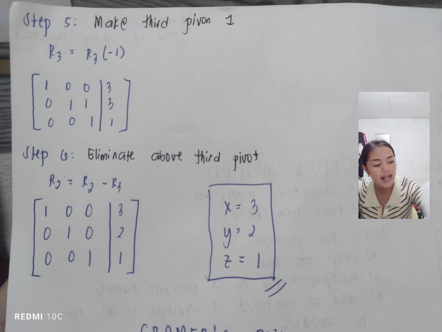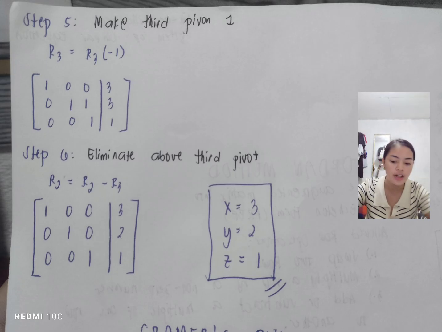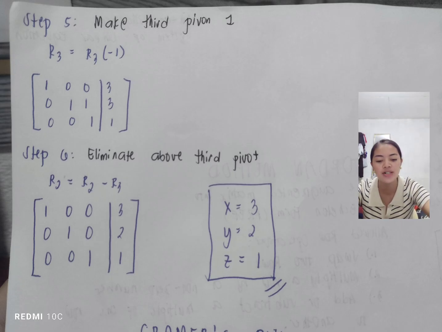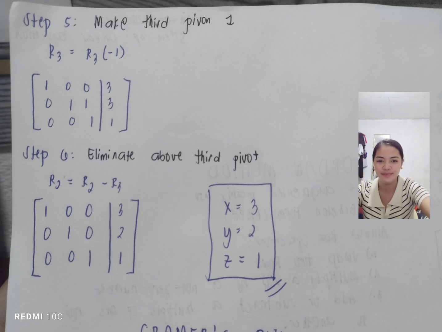Since we now have the goal, that is to make this identity form, our x, y, z is found in this column, the fourth column. So our x, y, z is equal to 3, 2, 1. Okay? That is in its final reduced row echelon form, or RREF.